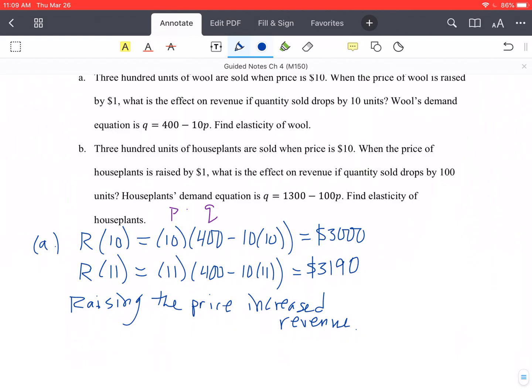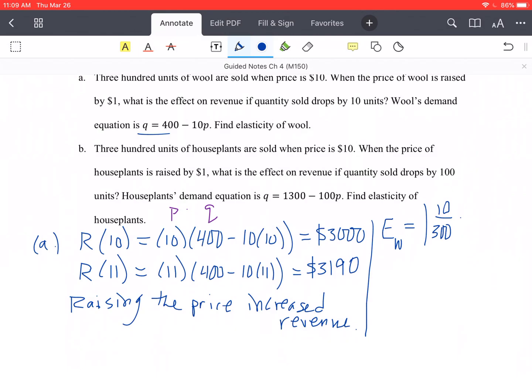So now let's find elasticity. So elasticity of wool. That's going to be the absolute value of price over quantity, at $10, so that's going to be 10 over 300 times the derivative.